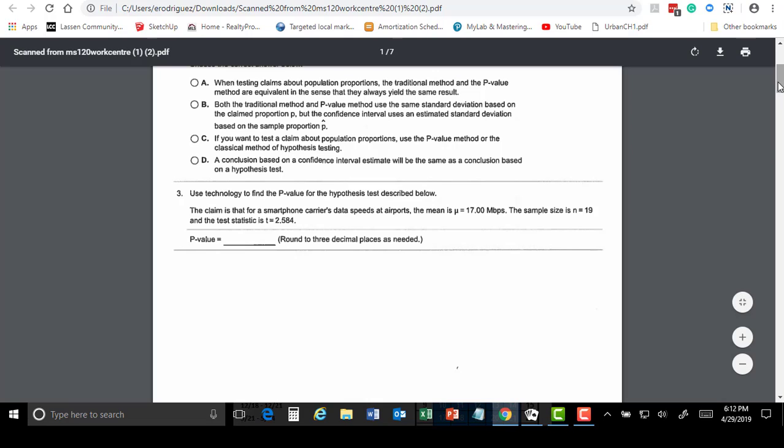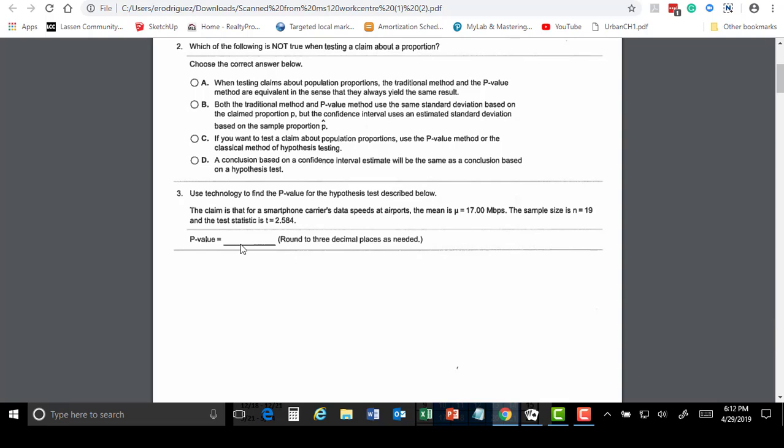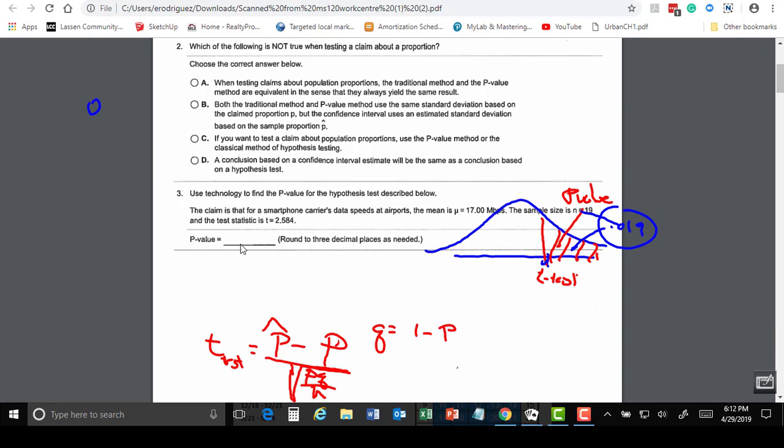It's the area, so there's a p-value. What did I say it was? Yeah, it's 0.019. If you are proficient on StatCrunch, you can put these in and it'll give you the p-value.